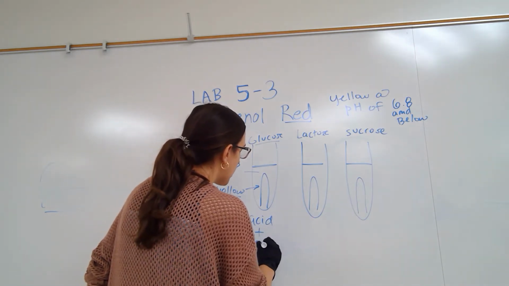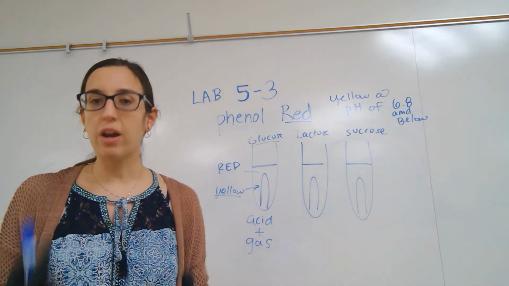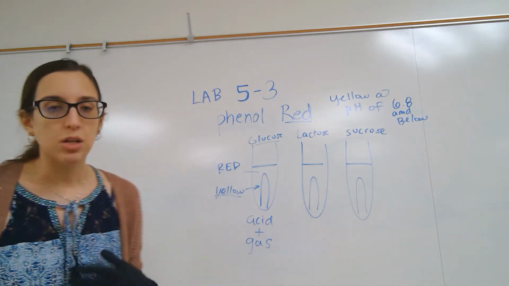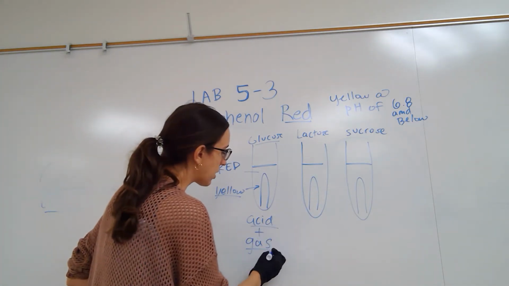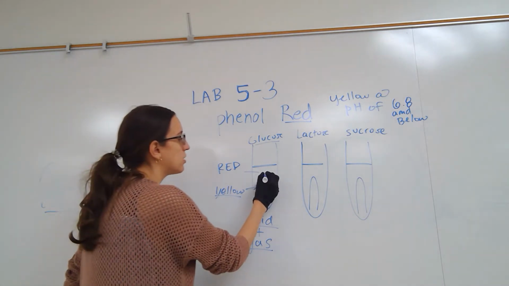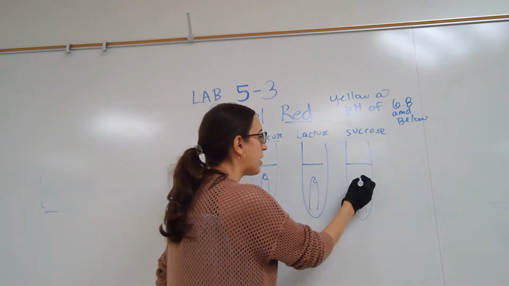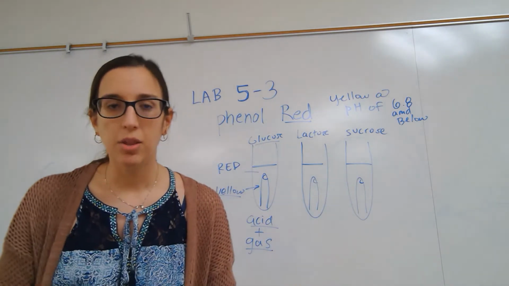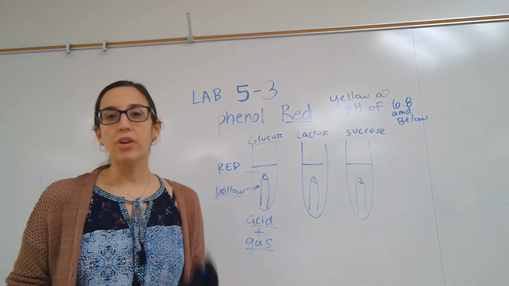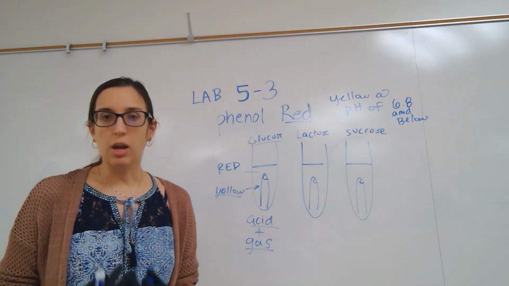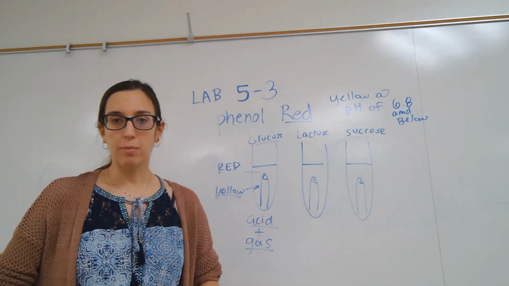So when bacteria is a vigorous fermenter, that means they utilize the sugar very, very quickly and very efficiently, then the byproduct is both acid and gas. So that gas will be trapped in that upside down Durham tube as a little bubble. The bubble might not always be caught or detected, but if it is, that's another indication that fermentation has occurred, that the bacteria was able to ferment that specific sugar.